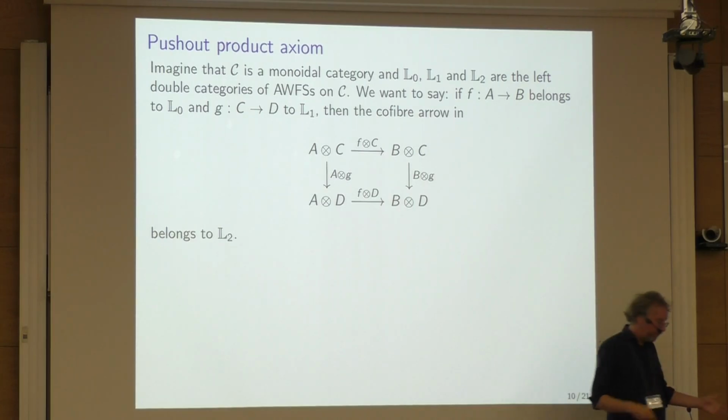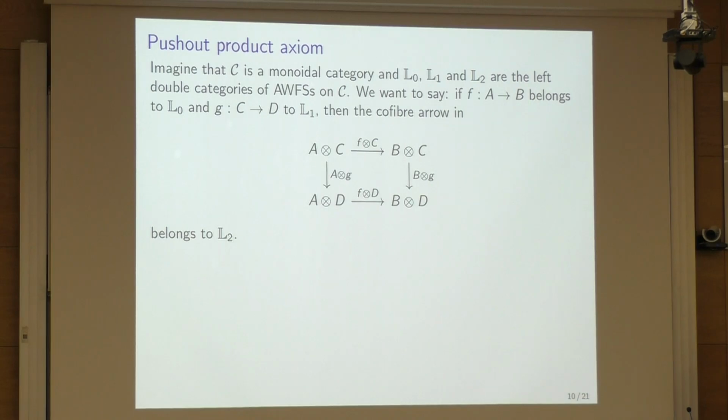So what is the appropriate way to state this in the setting of algebraic weak factorization systems? Well, I think a nice way to think about this is as squares in a certain triple category. I'm not just going to talk about double categories, I'm going to talk about n-fold categories for arbitrary n.